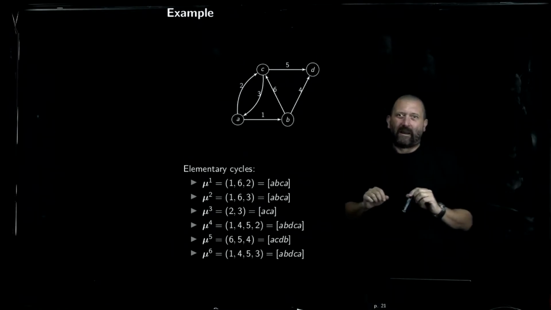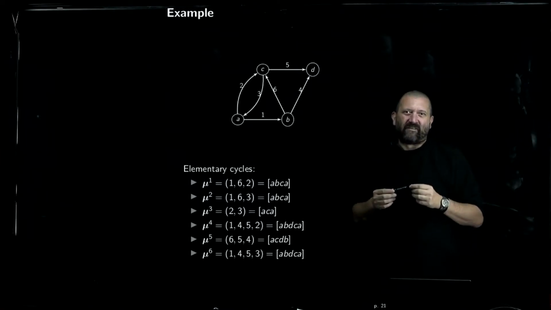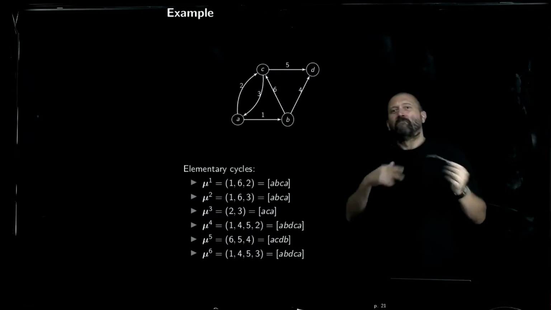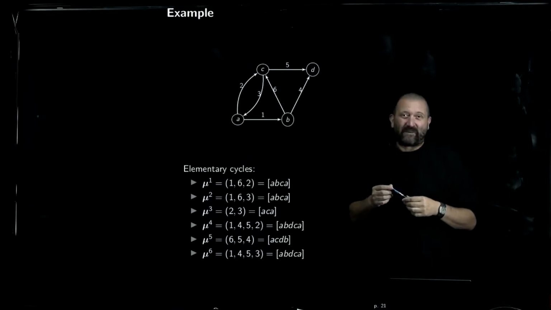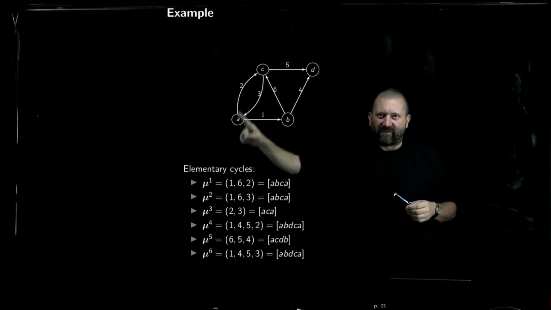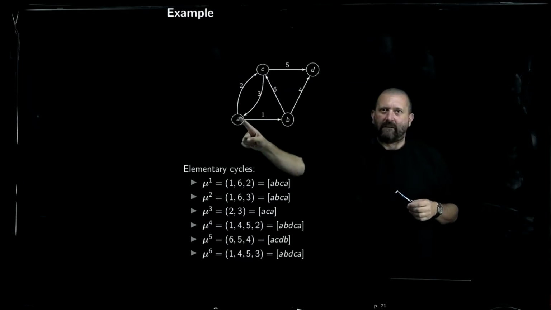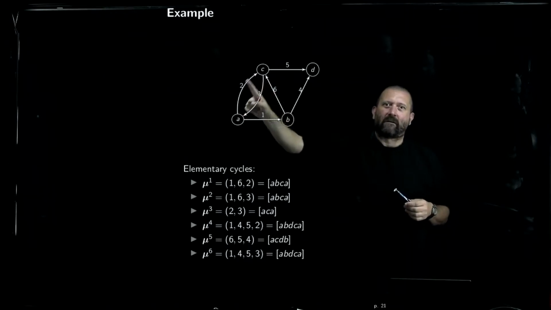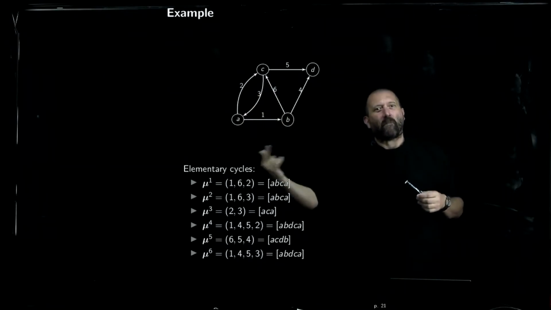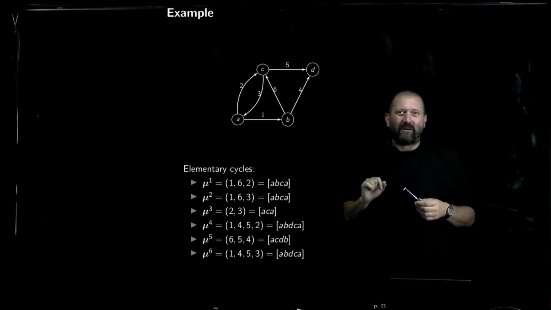You can see that cycles 1 and 2 essentially follow roughly the same path, except that one follows that arc in this direction. It goes A, B, C, A, following arc 2 the opposite way to the orientation of the arc.